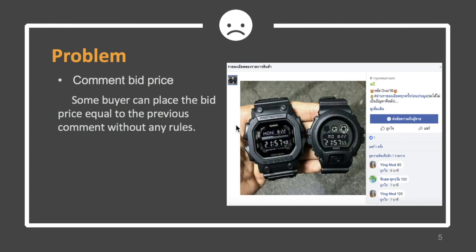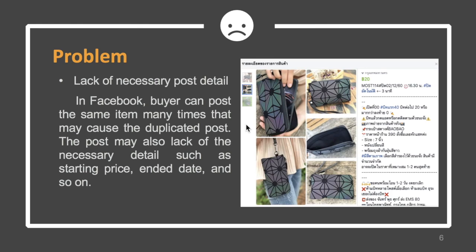For the first problem, it is the comment bid price. We found that the seller is inconvenienced in keeping track of the current bid price in real time. Some buyers can place a bid price equal to the previous comment without any rules. The second one is lack of necessary post detail.